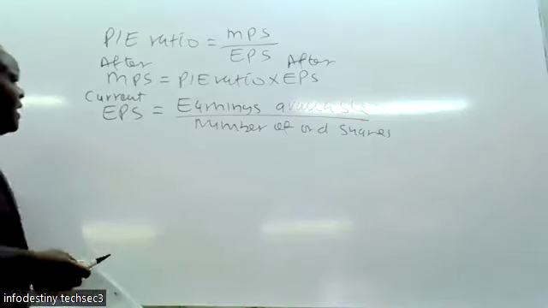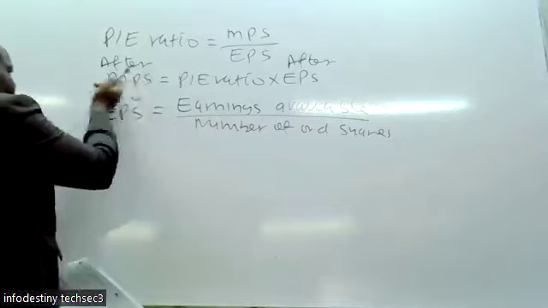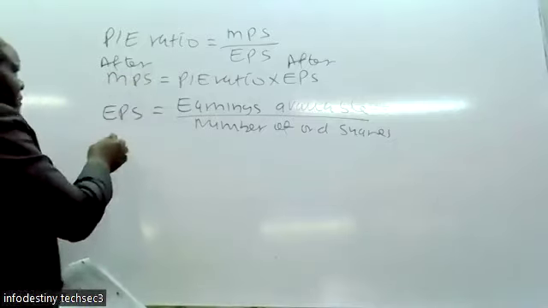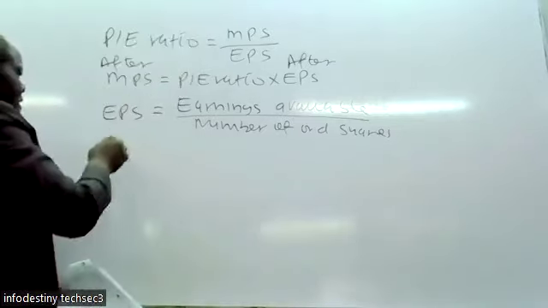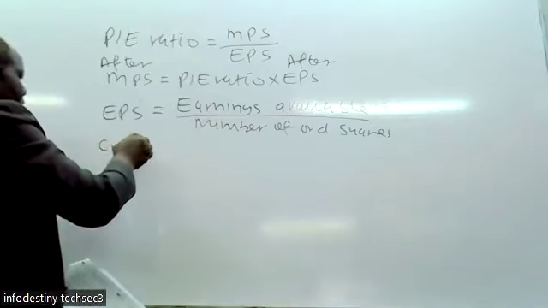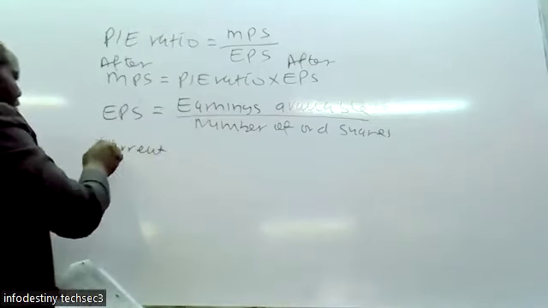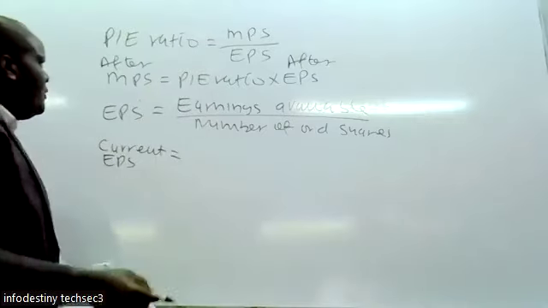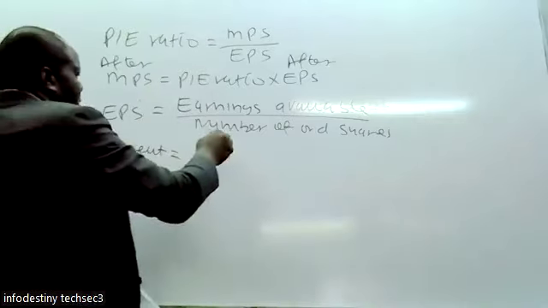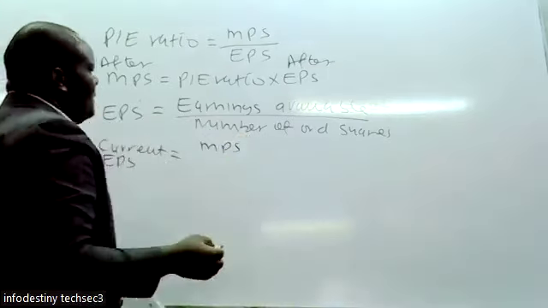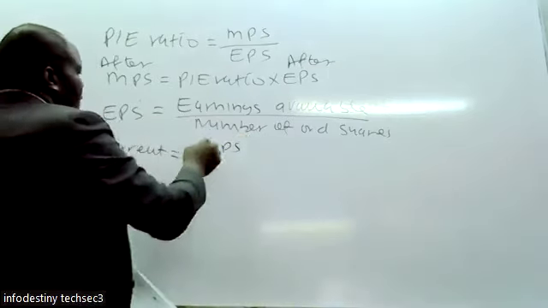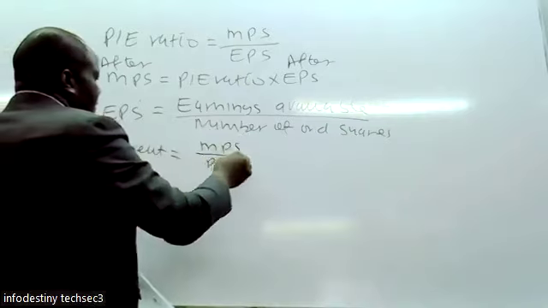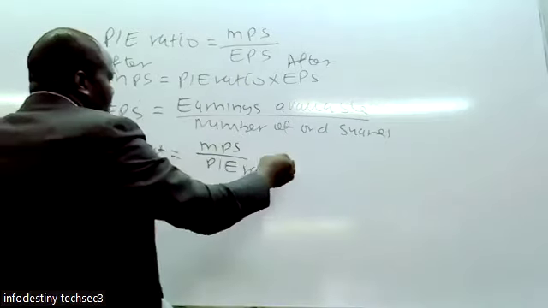Our current earning per share from this area, you simply take the market price per share divided by the current price earning ratio.